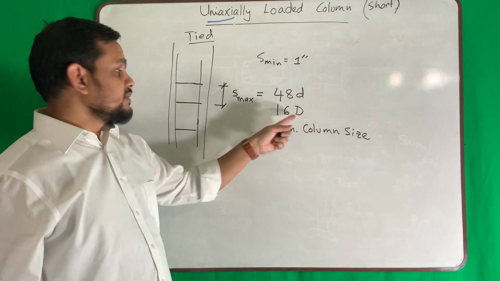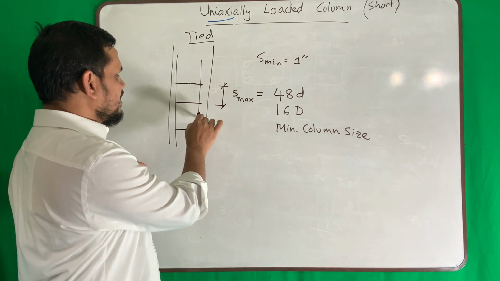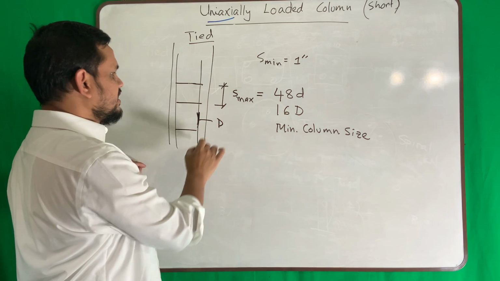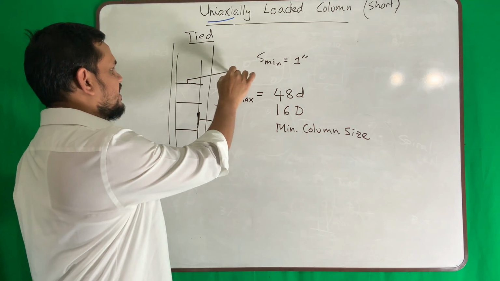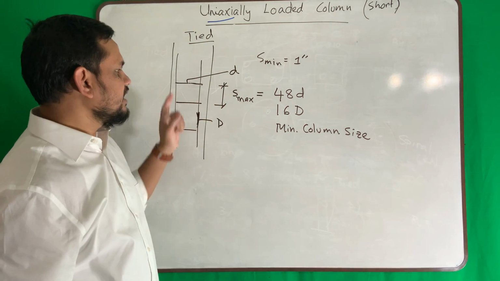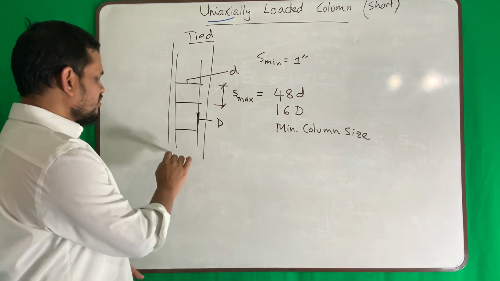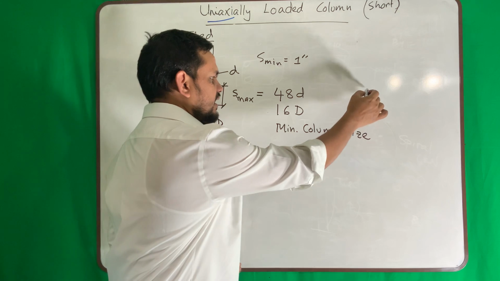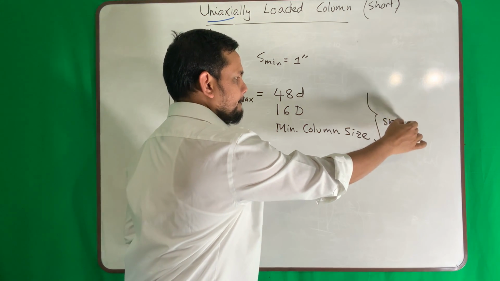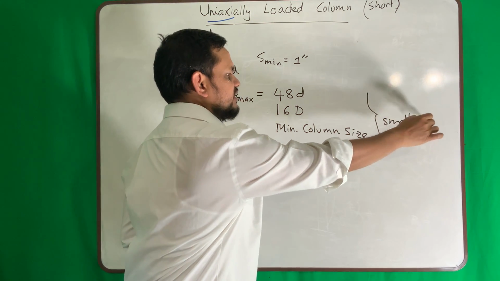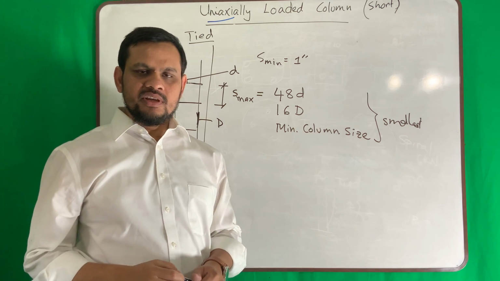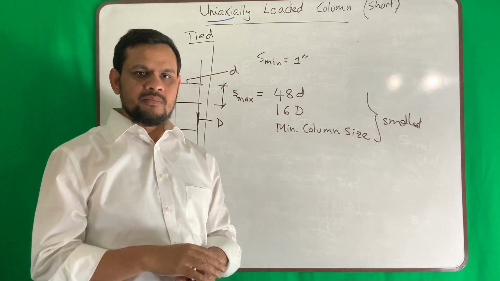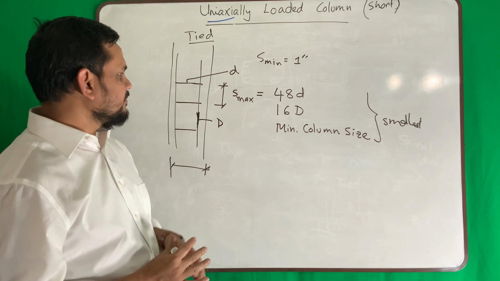This uppercase D means the diameter of the main reinforcement. Lowercase d means the tie diameter, or the minimum column size, whatever the minimum size is. So you should take the smallest, that is the maximum possible. Then based on this, take a round number so that you can design easily.